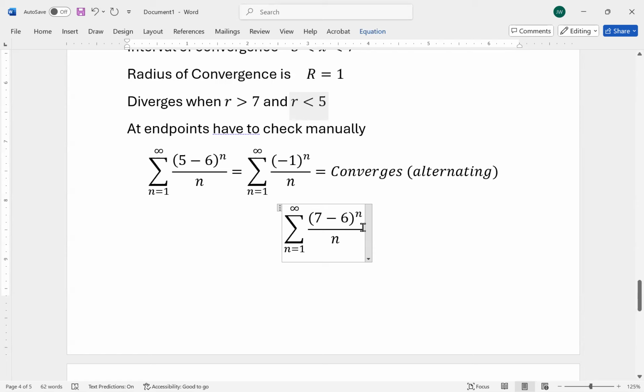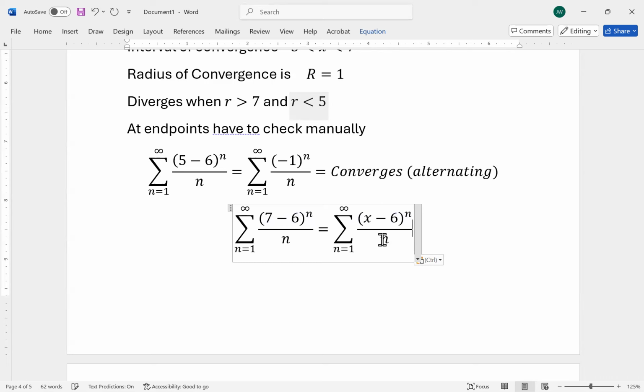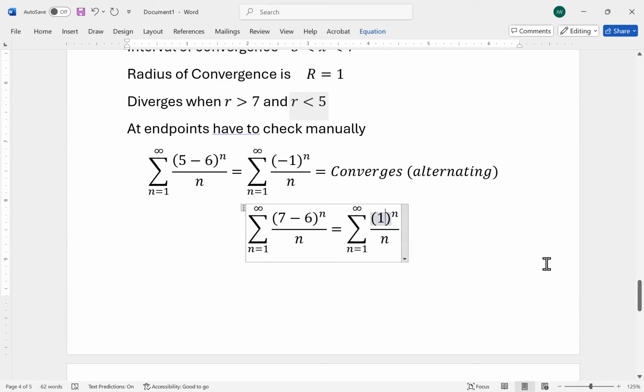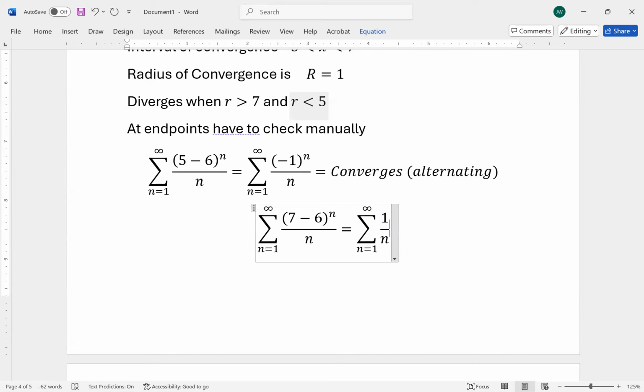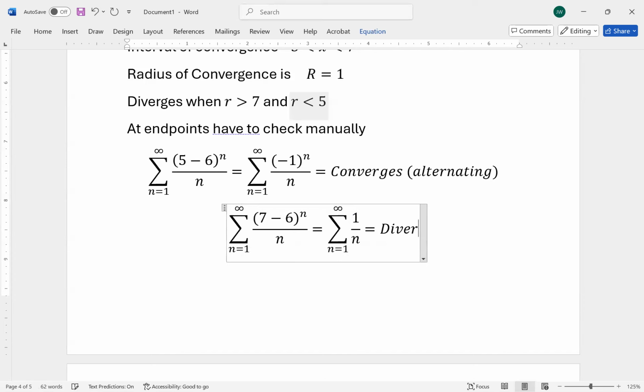At the other endpoint, when I plug in a 7, I get a +1 to the n. +1 to the n is just 1 over n. This infinite series diverges.